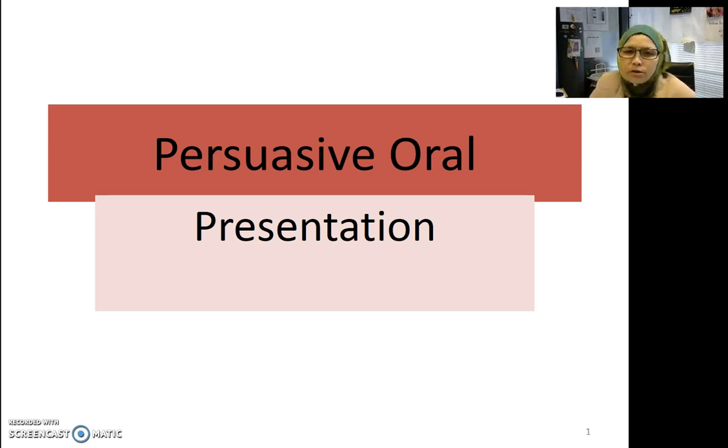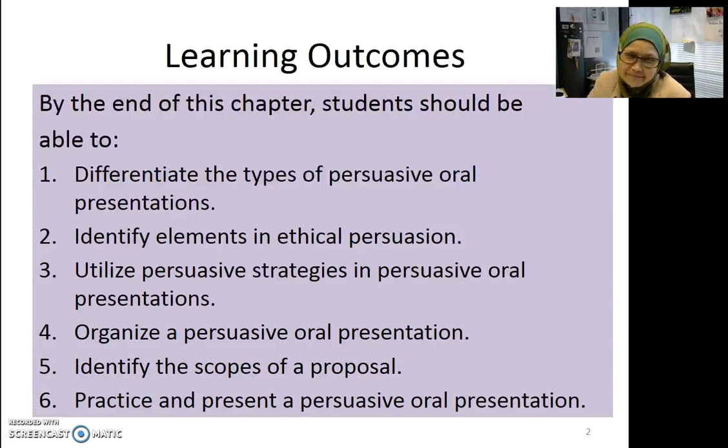So today I will be giving you a short lecture on persuasive oral presentation. Here are the learning outcomes. By the end of this chapter, you should be able to differentiate the types of persuasive presentations, identify elements in ethical persuasion, utilize persuasive strategies in persuasive oral presentations, organize a persuasive oral presentation, identify the scopes of a proposal.